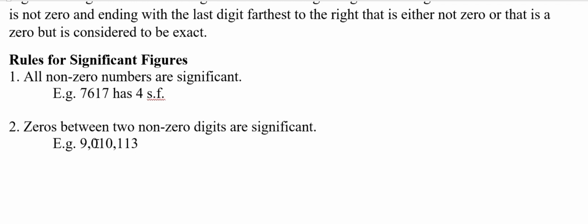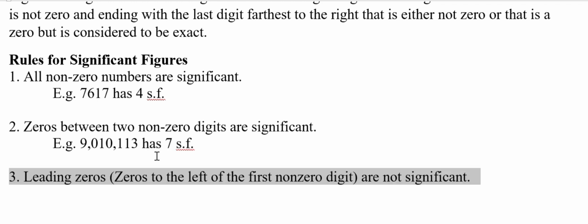This zero is written between two non-zero digits, 9 and 1. Similarly, this zero here is written between two non-zero digits, this one and this one here. So in that case, we shall have to count these zeros as being significant, meaning that this number will have 1, 2, 3, 4, 5, 6, 7 significant figures.